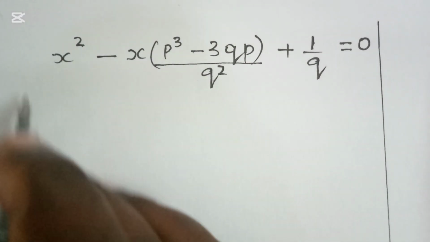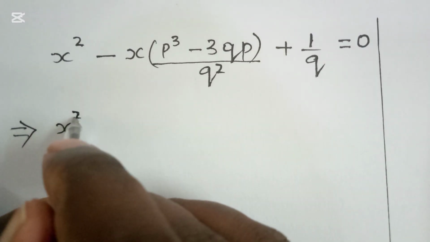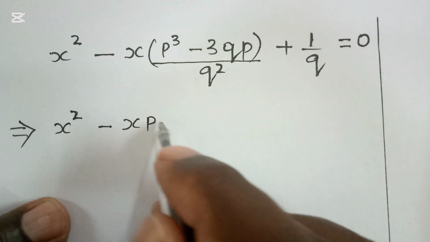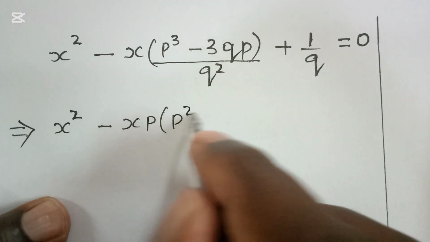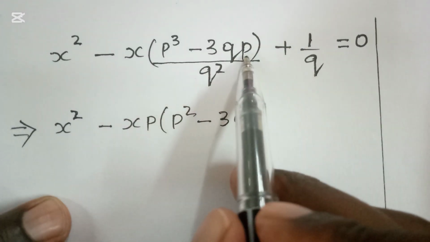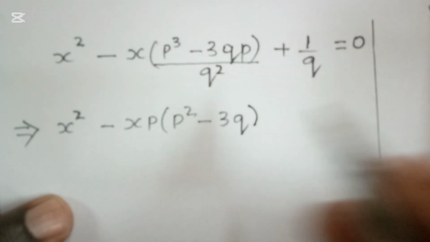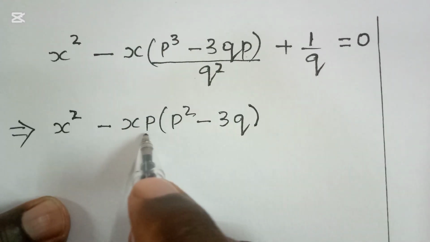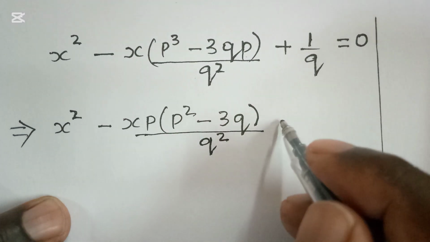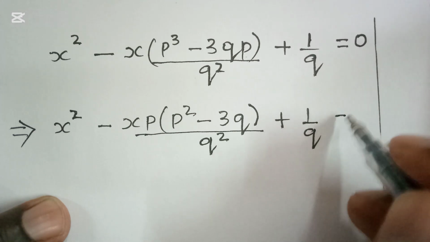Simplifying the equation, we shall have x squared minus xp bracket p squared minus 3q, because we have factored out one of the p, so we are left with the p squared, all over q squared, plus 1 over q equals now to 0.